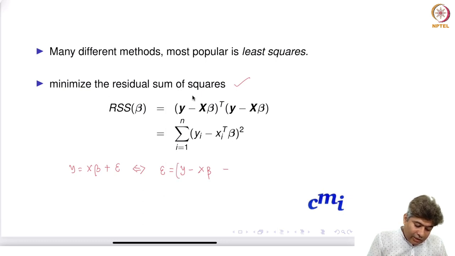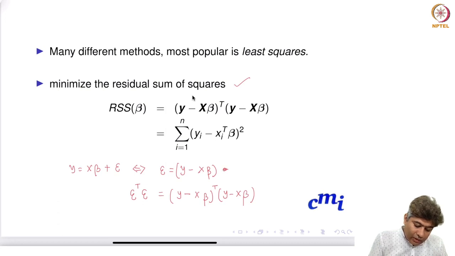If you take epsilon transpose epsilon, that will be the residual sum of squares: y minus x beta, transpose, times y minus x beta.